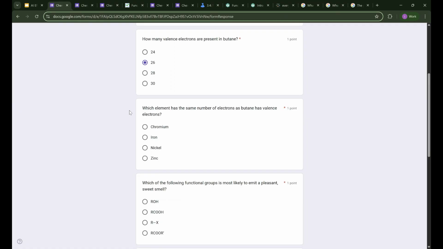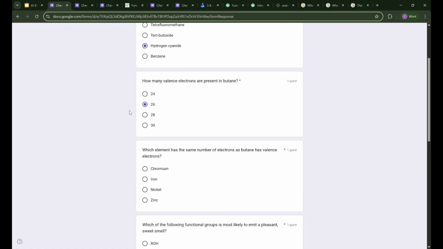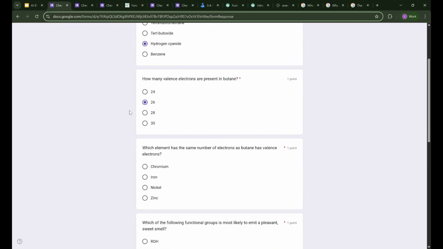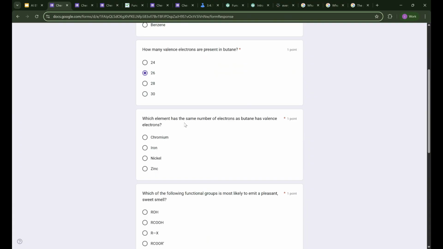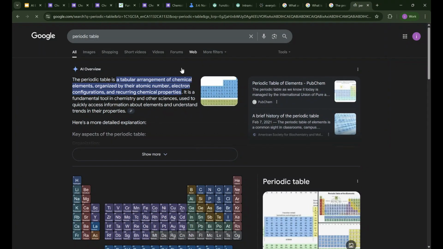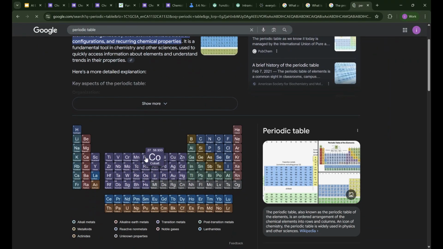I learned this in the study session, so I'm glad I did. Oh, okay. Sorry, it took me a long time there. How am I supposed to do this without a periodic table? 26? I don't think I have that many memorized. Looks like iron. Okay.